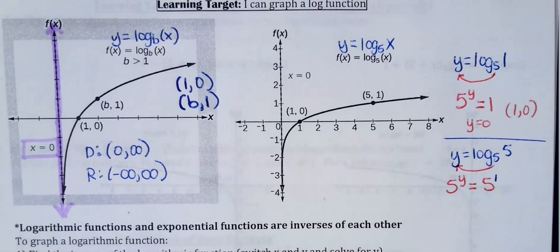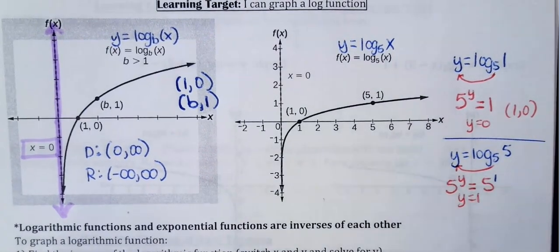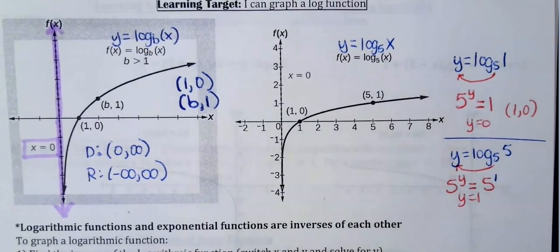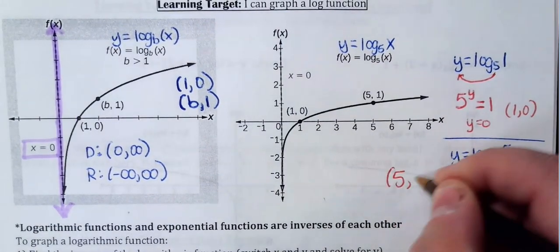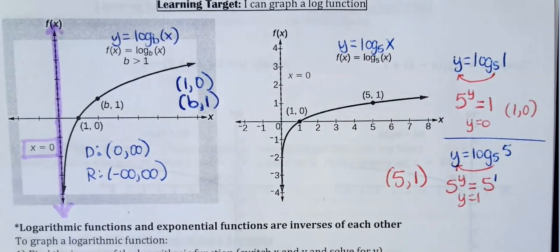So to make that lovely little statement true, y would have to be 1. So that's going to correspond to the point on the graph. I plugged in 5 for x, and the exponent for y has to be 1 to make that true. So that's where you're going to get that point. So every log function, not shifted, has the point 1, 0, and then whatever the lovely little subscript is, 1.